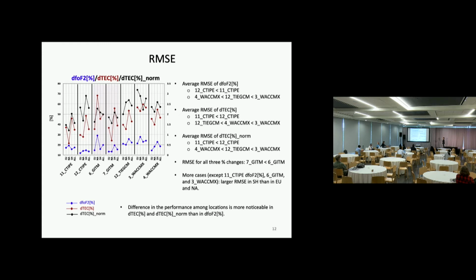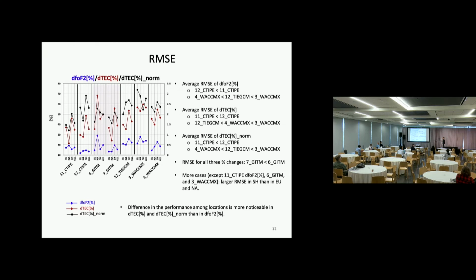Actually, for this average root mean square for percent change in TEC, the old version of CTB shows better than the new one, and TIEGCM also shows better performance than these two WACOM-X. And for normalized percentage change of TEC, again the old version of CTB is better, but here WACOM-X with Weimer is better.